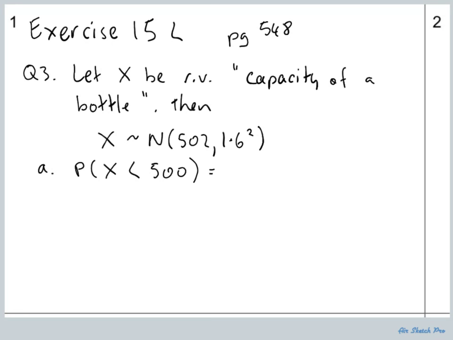In this case, the mean is not 0, but 502, and the standard deviation is 1.6. Okay, so I've done all that on my calculator, pressed enter a couple of times, and I get 0.106 to 3 significant figures.